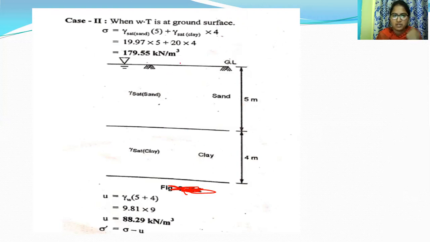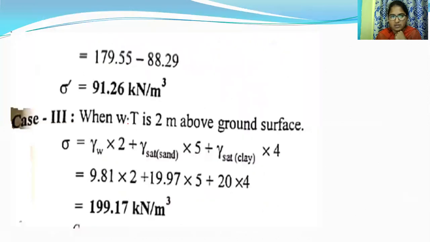That is equal to 179.55 kilonewton per meter cube. Pore water pressure: since the water table is there, you can calculate with the unit weight of water 9.81 multiplied by 5 plus 4, that is 88.29. So sigma dash is sigma minus u, 179.55 minus 88.29, that is equal to 91.26 kilonewton per meter cube.